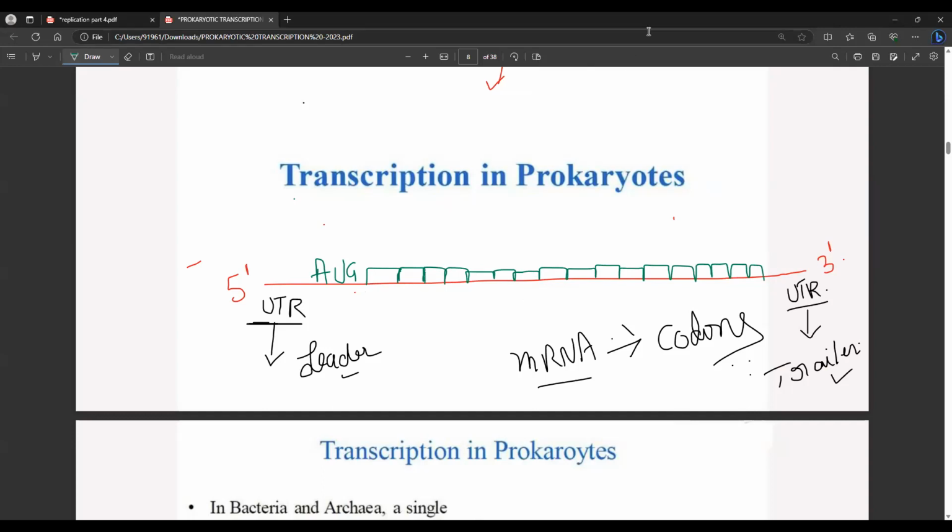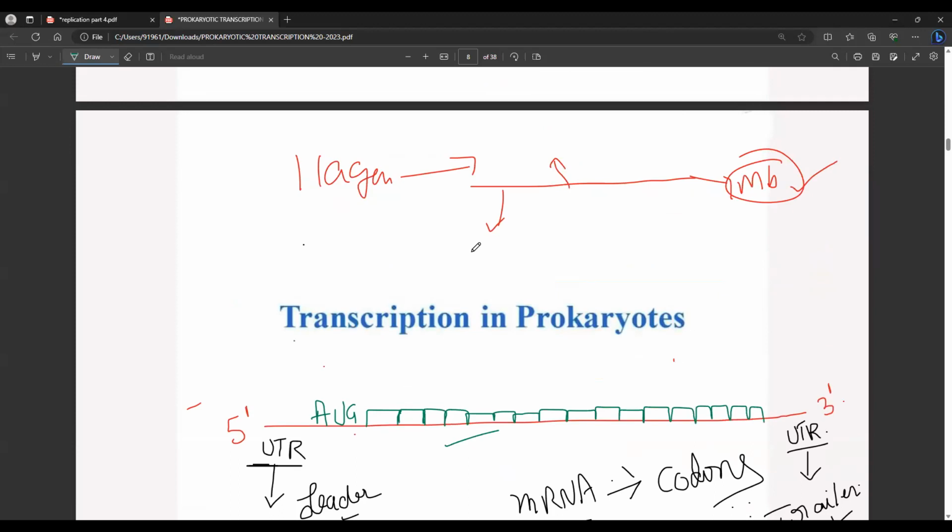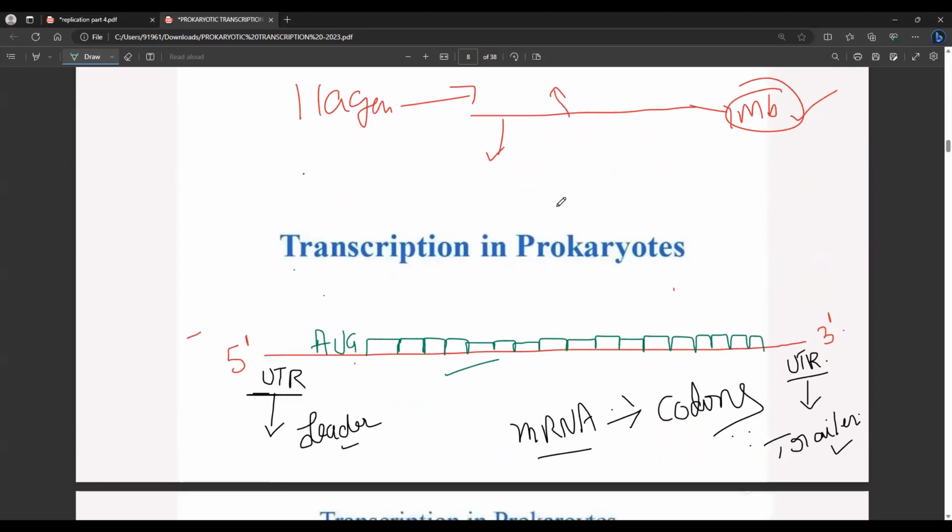Now you can ask me a question, sir, how do we know how many codons are present? If I want to synthesize a protein called insulin, how many codons do I require? Every one of you.